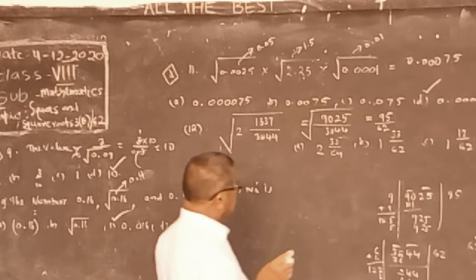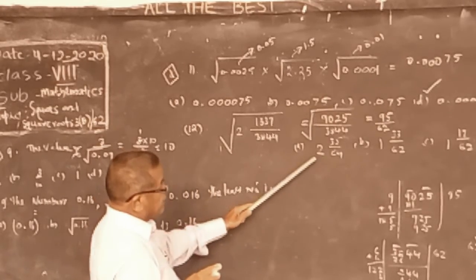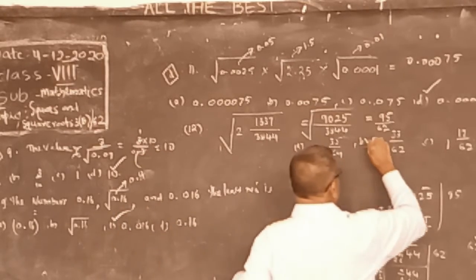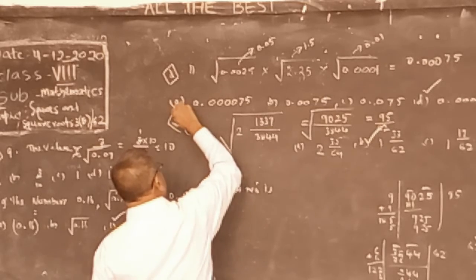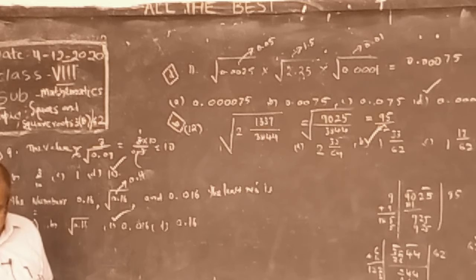Now where is it? 133 by 62 is B. B is correct. So the 12th question answer is B. Now similarly the 13th question.